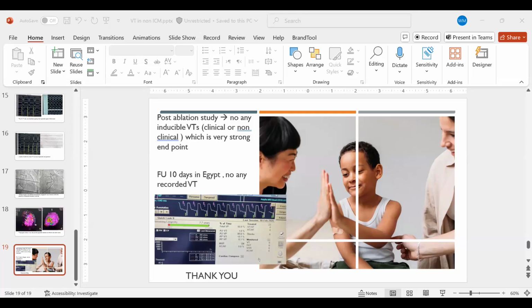John, I have one last question. Is it in your practice that you do NIPS, noninvasive programmed stimulation from the device, a few weeks or perhaps a month after such procedures, particularly in a patient who is going to be traveling a long distance?